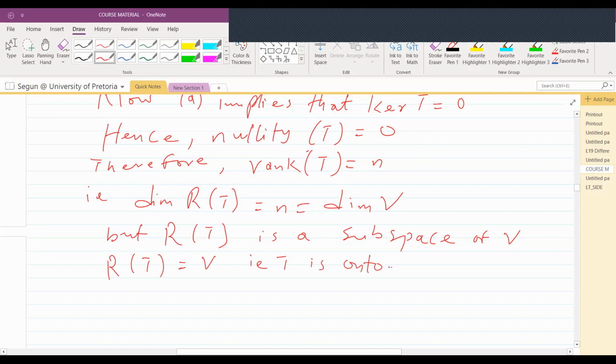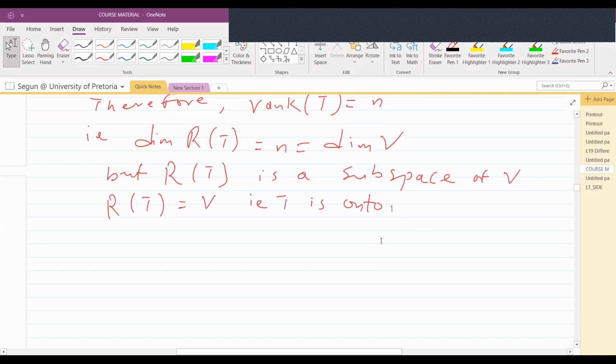If T is onto, it simply means that our B is true.